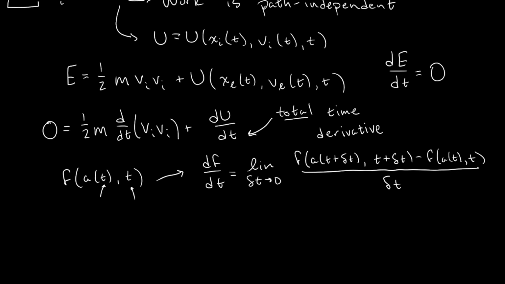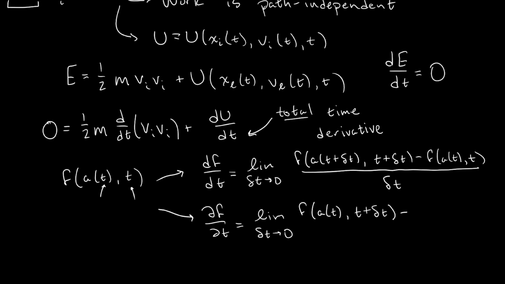So that's what I mean when I'm talking about a total time derivative. I allow everything to vary, so even when something implicitly depends on time, the time varies there. Now, when I write a partial derivative, that is similar, except in that case, I only allow explicit dependencies on time to vary. So, in particular, that's going to look something like this.